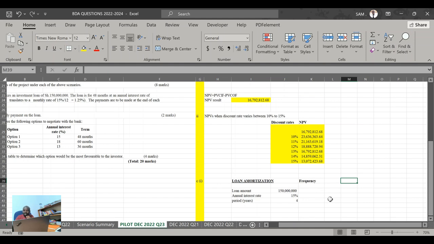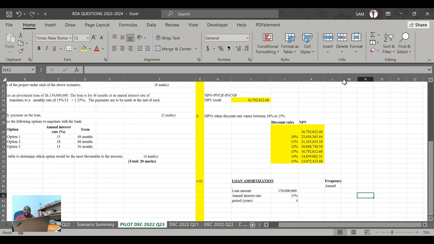It will also affect the interest rate that you are going to use when coming up with the schedule. So in this case, frequency can be annual. You can be required to pay back the loan annually. So if it is annual, then the period will be 1. You are going to pay it once every year.